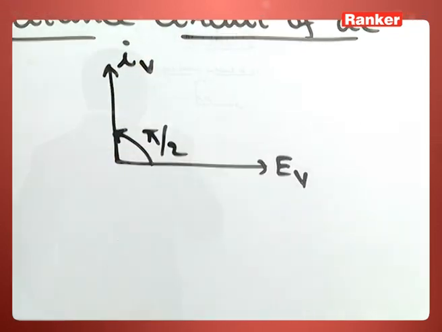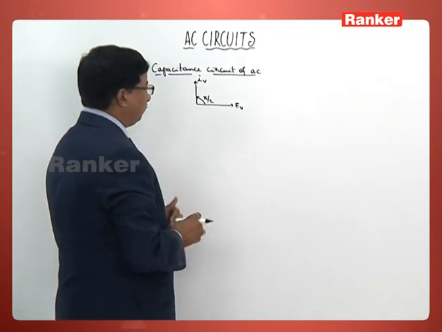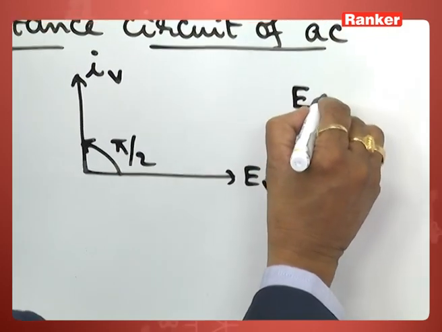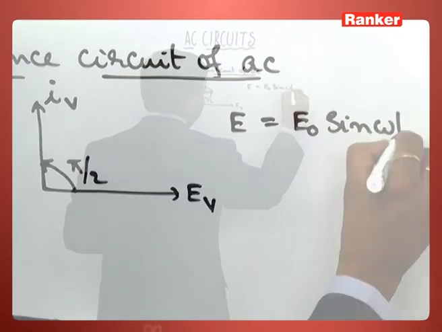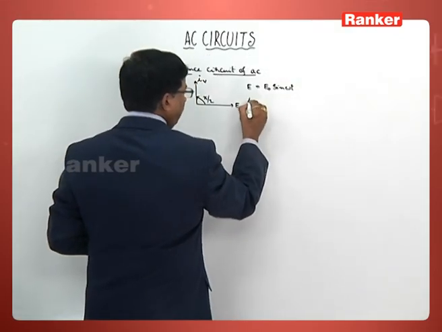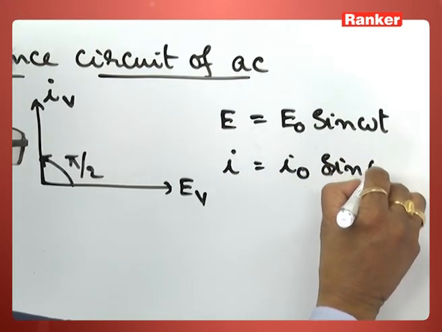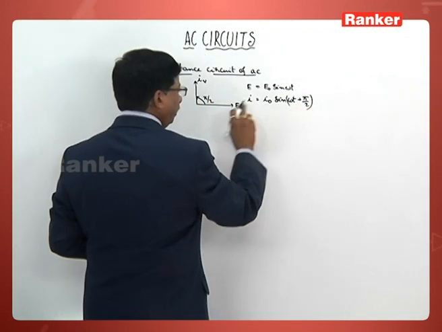This will now be the virtual value of current. Current leads. The equation we generally write is E is equal to E naught sin omega t. If this is the equation for EMF, I becomes I naught sin (omega t plus pi by 2). That is the case of current.